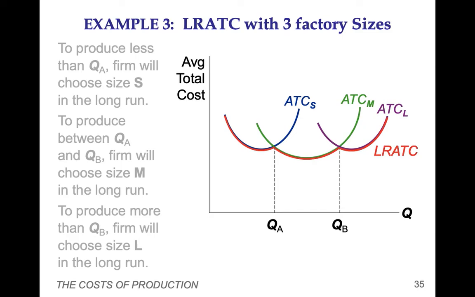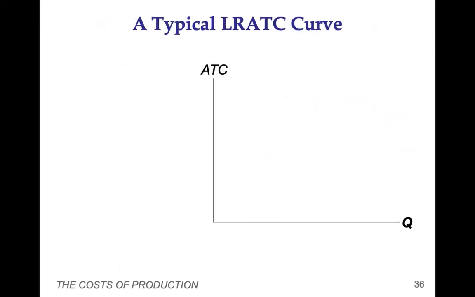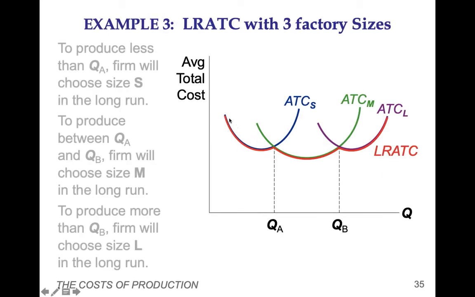So joining together all portions of these curves, we get the portions that make the firm produce at the lowest average total cost. We get what we call the long run average total cost, which has this special form, and it is represented by this orange curve.